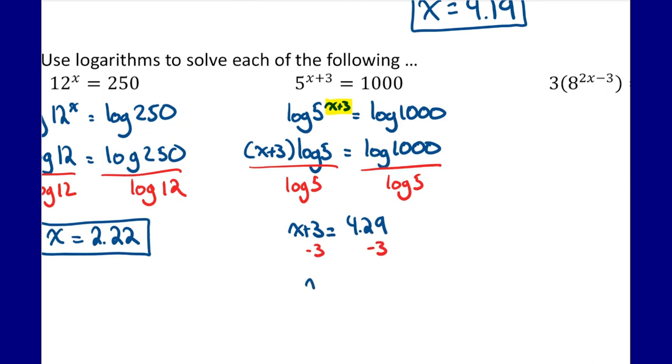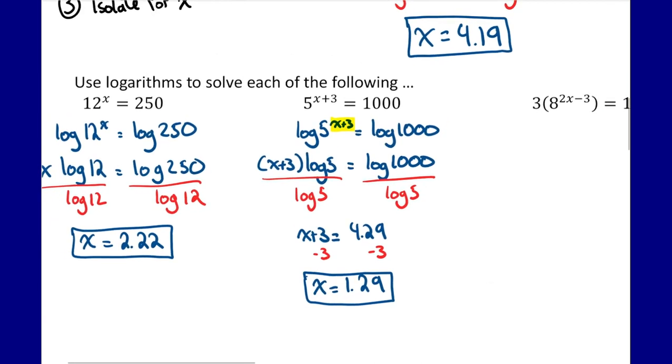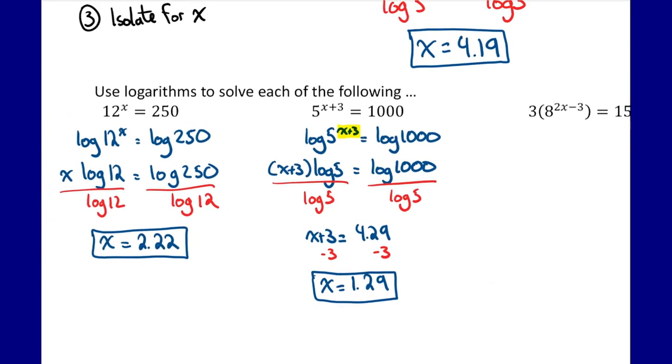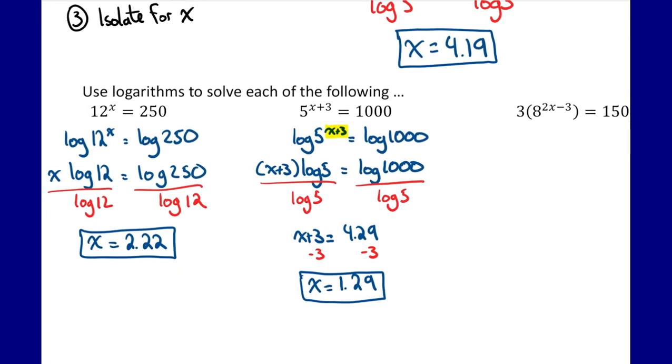Solving equations, x is equal to 1.29. So again, treating it like an equation after we cancel out the bases using logarithms, similar to when we use common bases in a sense. Except we're using logarithms to help us cancel out those bases.